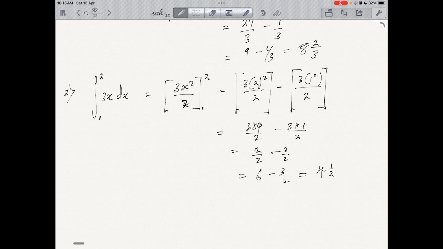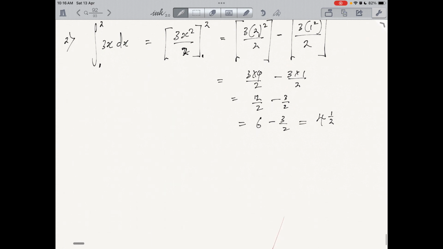Let's take another example. We are asked to integrate from minus 2 to 3, 4 minus x squared dx. Now we can see this is a definite integral. So we are going to simplify.